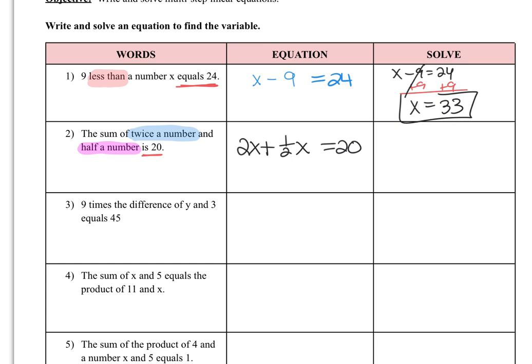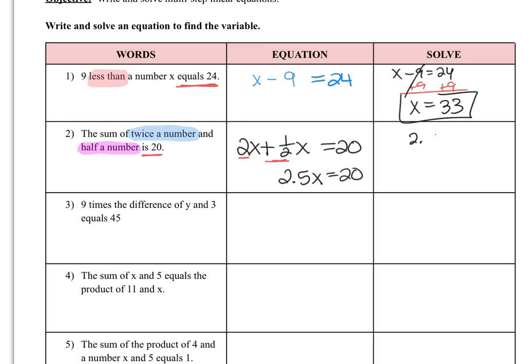So I wrote my equation. Can I simplify that equation at all? Yeah. Those both have x's, right? They're like terms. So we can combine 2 plus a half to get 2.5x equals 20. And then from there we can solve it.